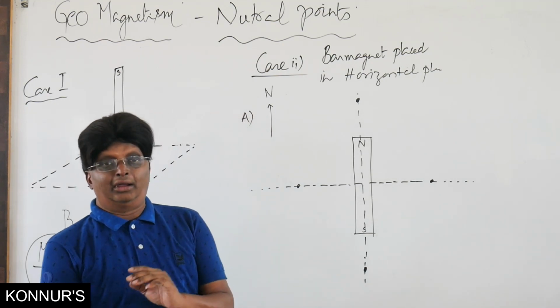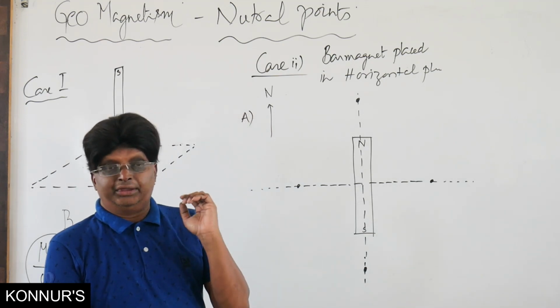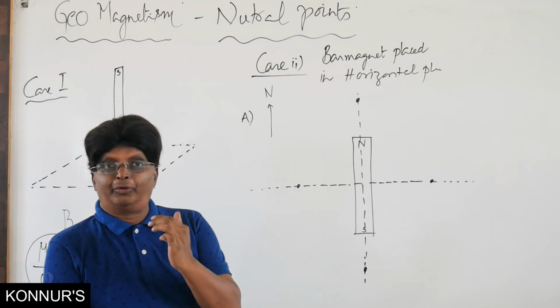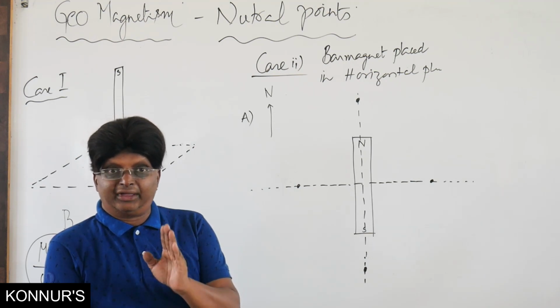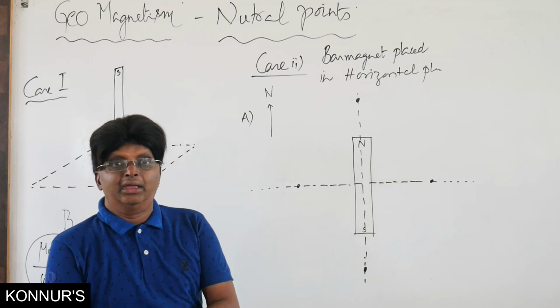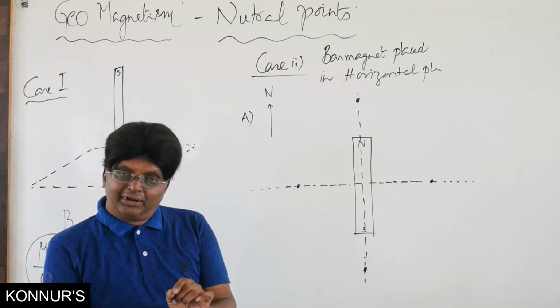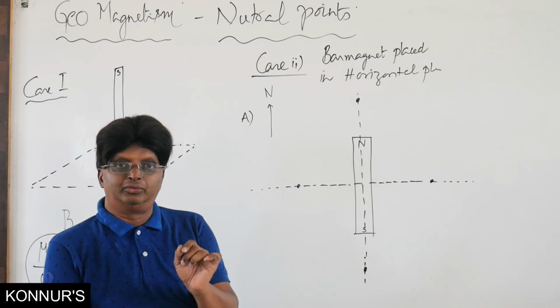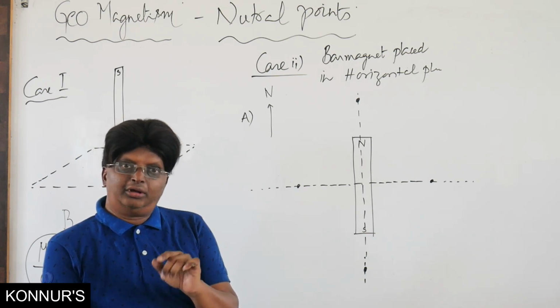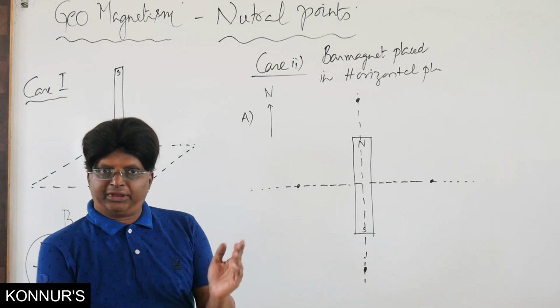Do remember, according to our earlier discussion, there is always a magnetic north pole and a magnetic south pole. Because of that, BH of the Earth's magnetic induction is always directed from geographical south to north. In fact, we have already used this many times in our previous sessions.